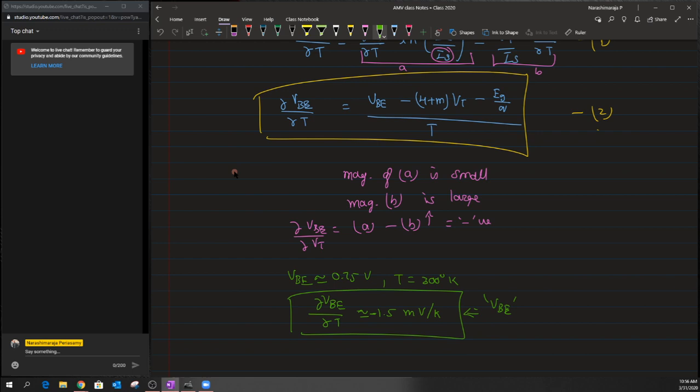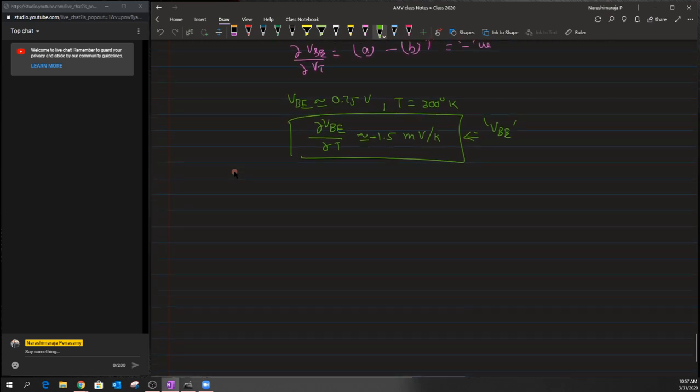Now let me also talk about the observation on expression number 2. In this expression, clearly you can see that this negative temperature coefficient is proportional to the value of VBE, and also inversely proportional to the temperature. So when you plot a graph of this voltage VBE with respect to temperature, you would get a curve something like this.